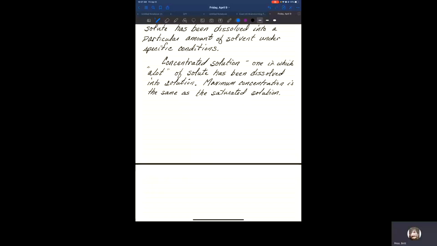For example, HCl gas. It actually reacts with water, but we can think of it as a dissolution.